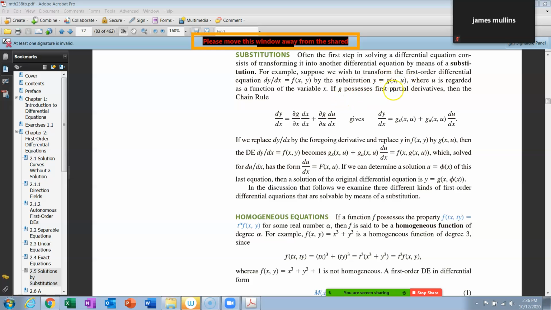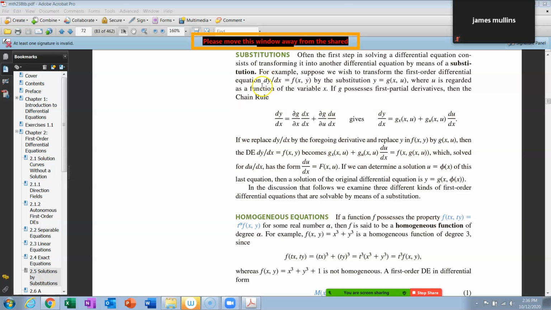If g possesses first partial derivatives, that new function g, that y is equal to g of x and u, then by the chain rule, the dy/dx. I'm sorry, y is supposed to be dependent on x, because this is not a partial differential equation, this is an ordinary differential equation.